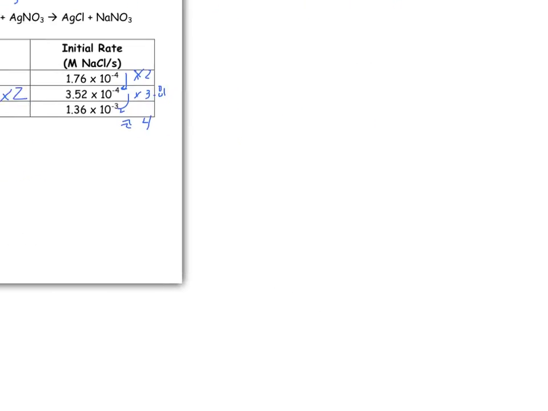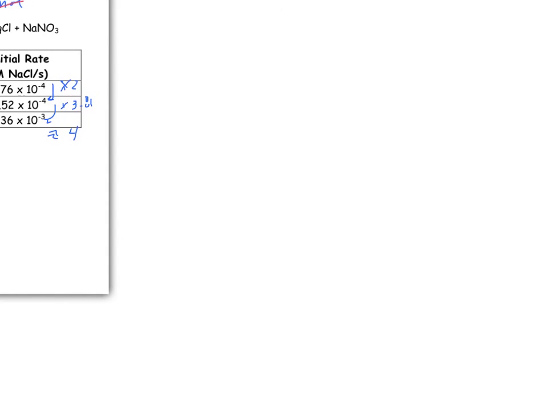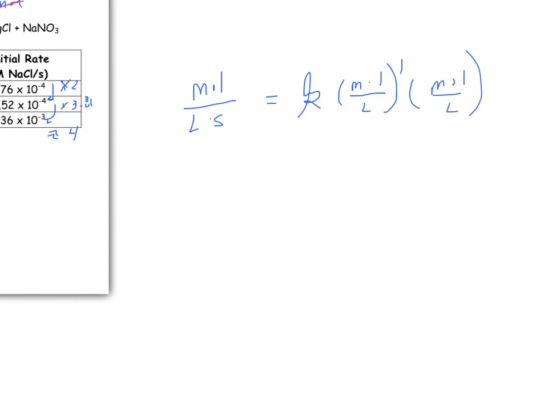Now for the units. My rate was measured in moles per liter per second, and that equals K, and my NaCl was in moles per liter raised to the 1, and my silver nitrate was in moles per liter raised to the 2.